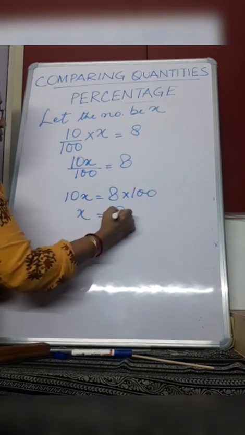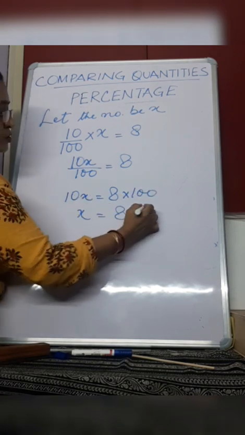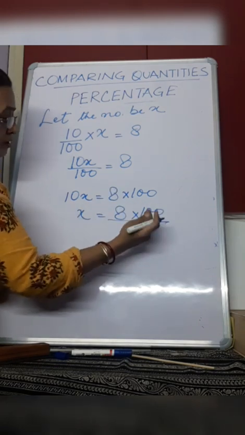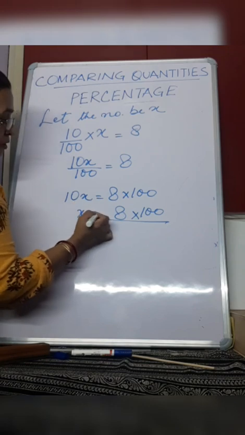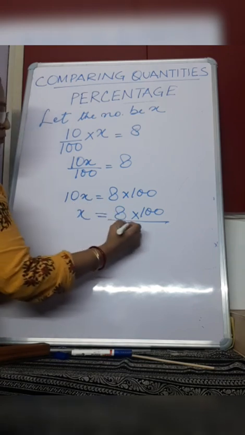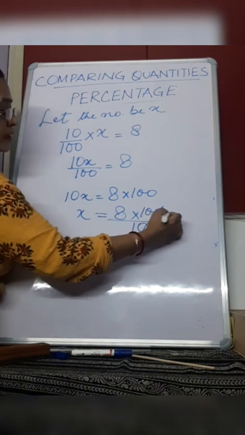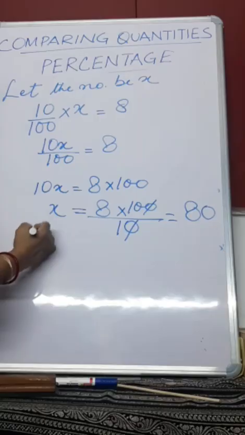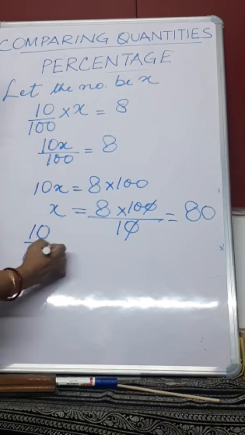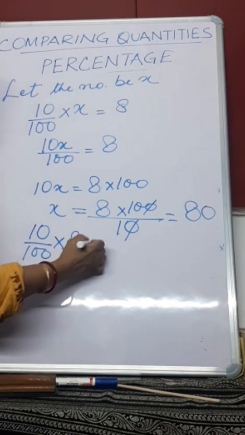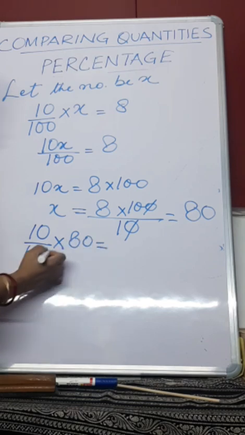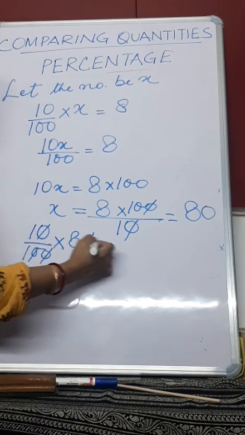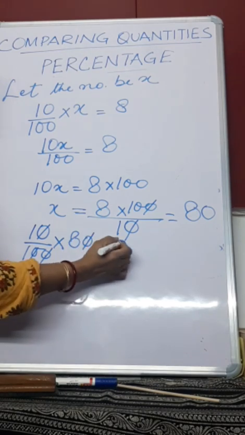Then x is equal to, if 10 comes on the other side of equal to, we will divide. Now we will simply cancel and it comes to be 80. So 10% of 80, let's see what it comes to be. We will cancel this 0 with this 0 and these two zeros, so 10% of 80 is 8.